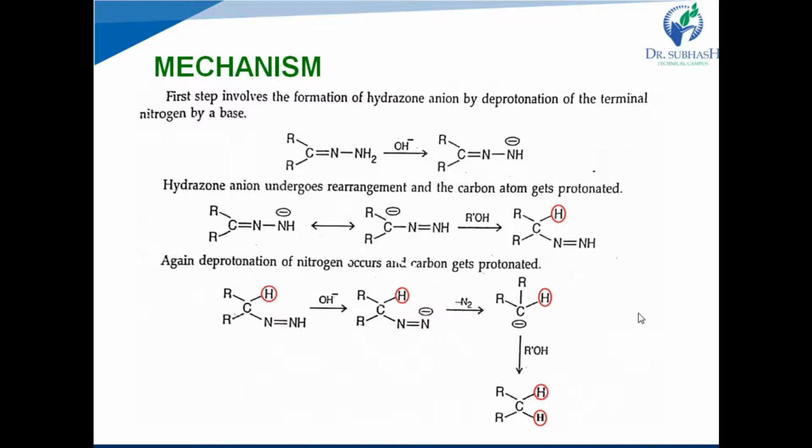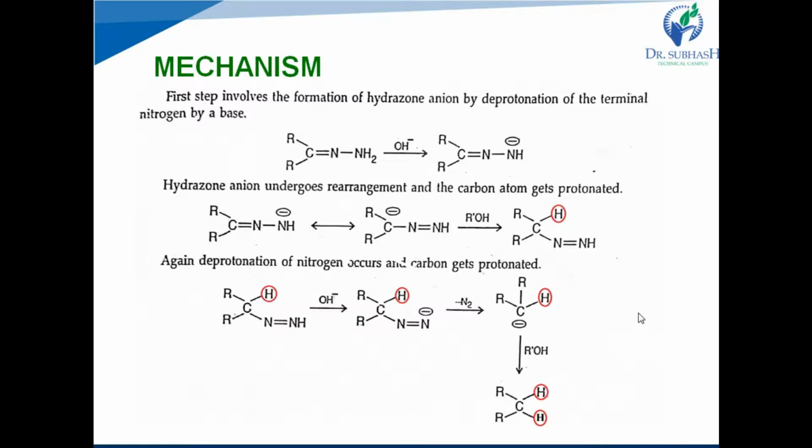In the presence of strong base, strong alkali OH minus, deprotonation of the terminal nitrogen occurs and forms the anion. How? See, the NH bond gets lysed, breakdown of the NH bond occurs, so that the electron of the bond goes toward the nitrogen. That's why nitrogen acquires a negative charge and hydrogen is removed in the form of H plus, that is proton. That's why it is known as deprotonation and forms the anion.